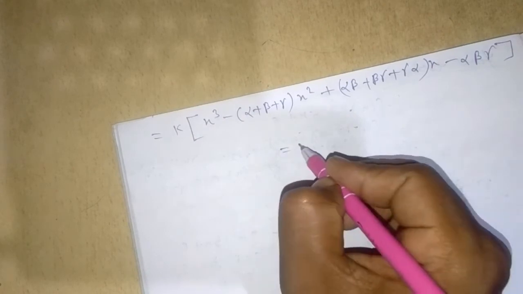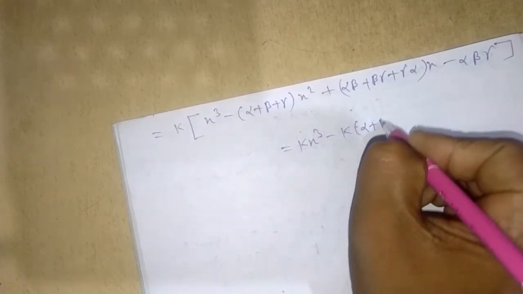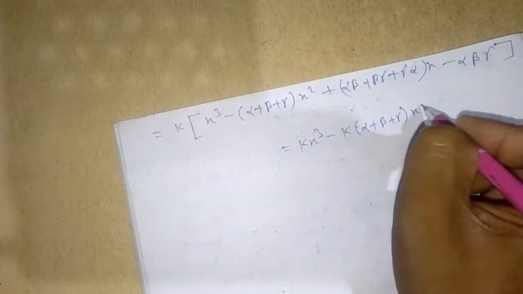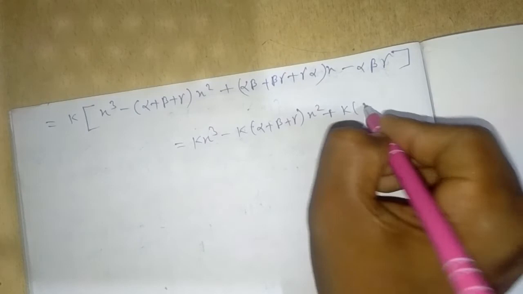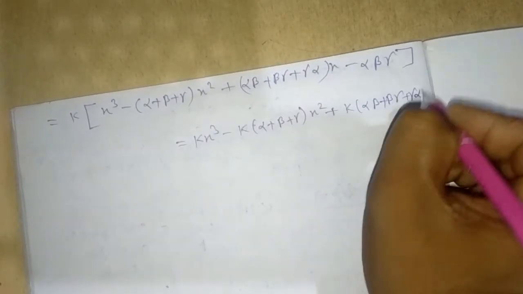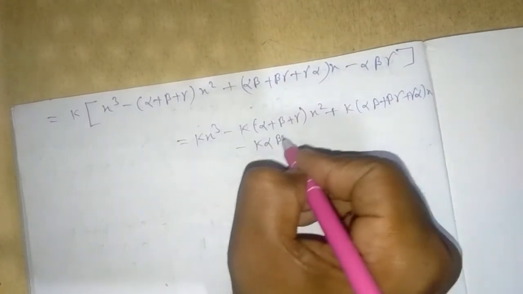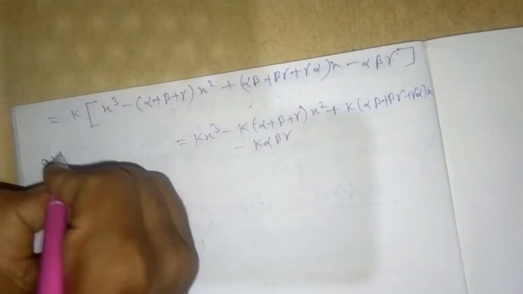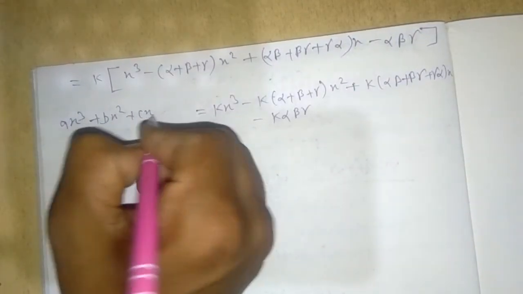Now multiply k: kx cube minus k(alpha plus beta plus gamma) x square plus k(alpha beta plus beta gamma plus gamma alpha) x minus k alpha beta gamma. This equals ax cube plus bx square plus cx plus d.